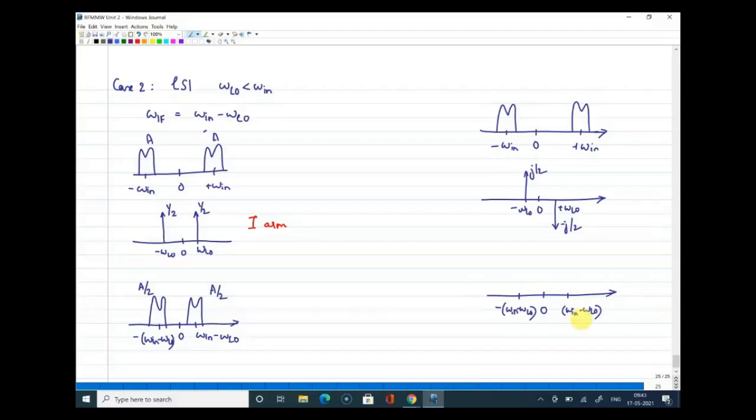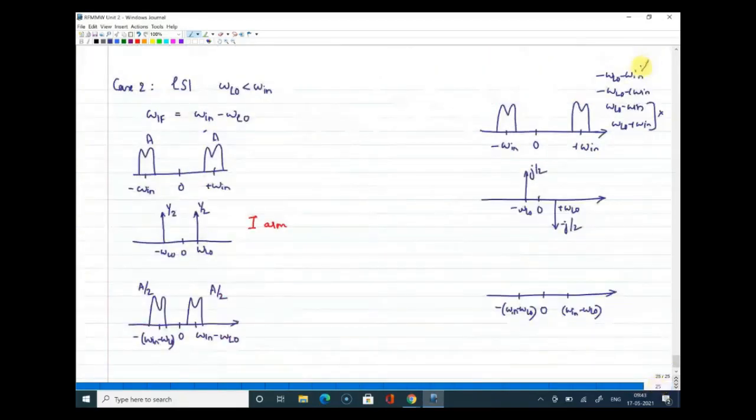As you reverse the sine wave impulse and run it through the top signal, performing the convolution, the frequency components in order will be minus omega LO minus omega in, minus omega LO plus omega in, and then omega LO minus omega in, and omega LO plus omega in. So these two will have the amplitude of minus jA by 2.